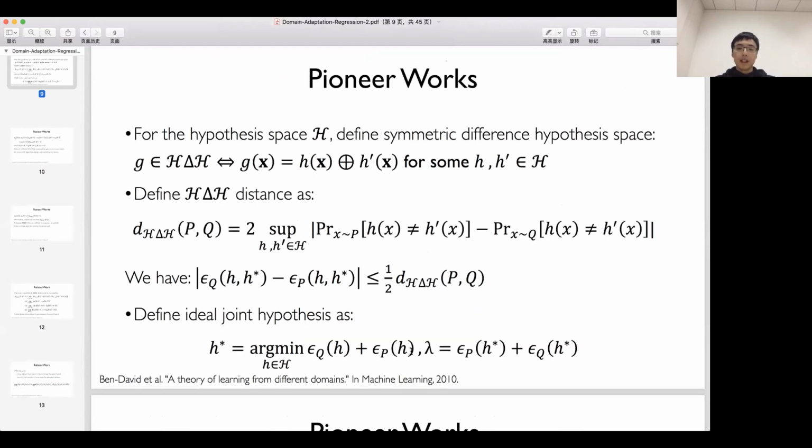It means that we have all the labeled source samples and all the labeled target samples, and we try to use a classifier to classify them. If the samples are very easy to classify, it means that the ideal joint hypothesis lambda is very small. It is just like the discriminability of our feature representations.